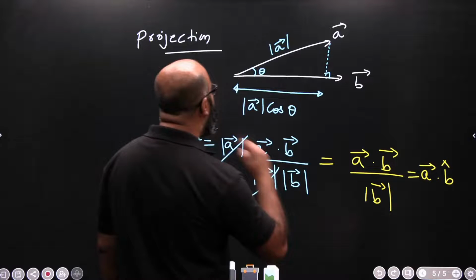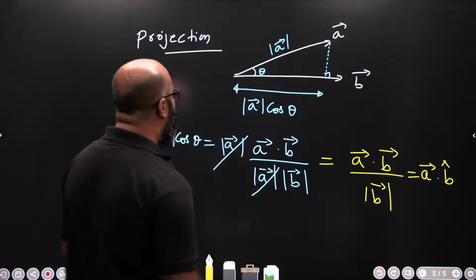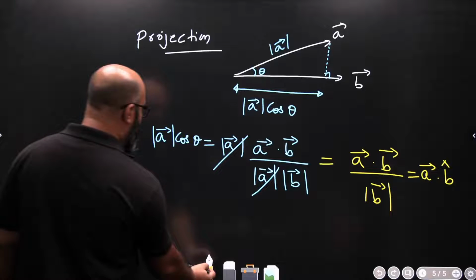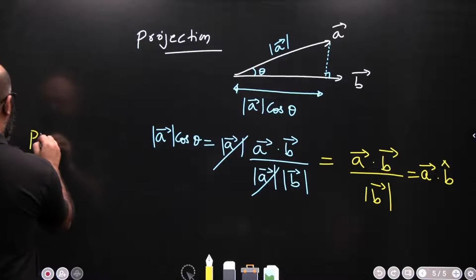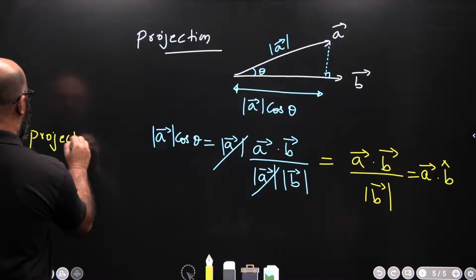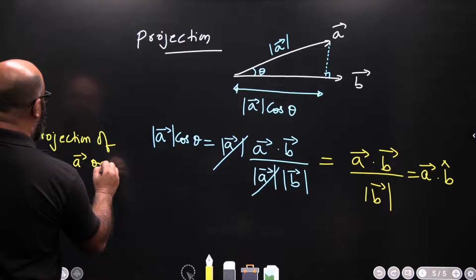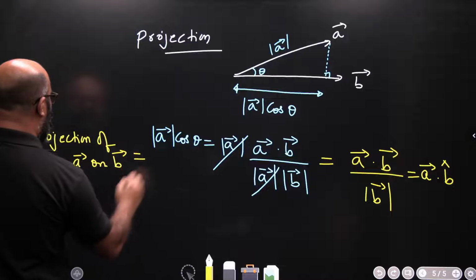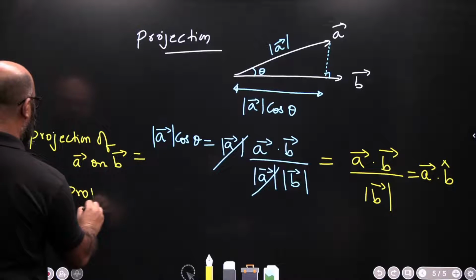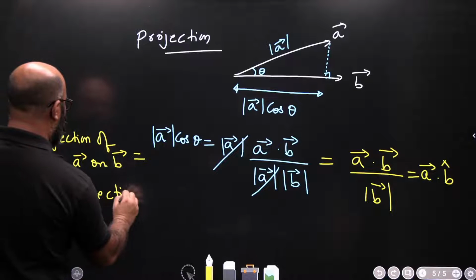Now, this is the projection of A on B. If it were reversed, like projection of B on A, what would the answer be?